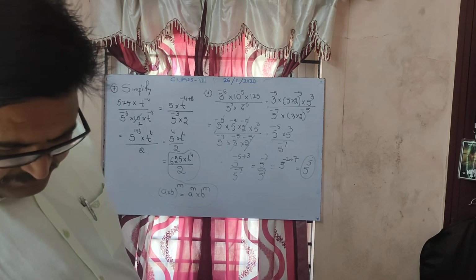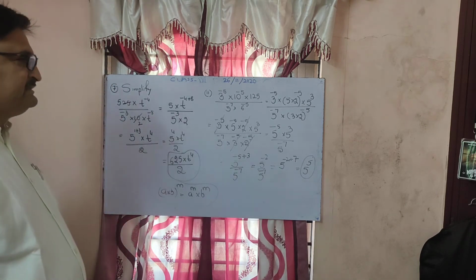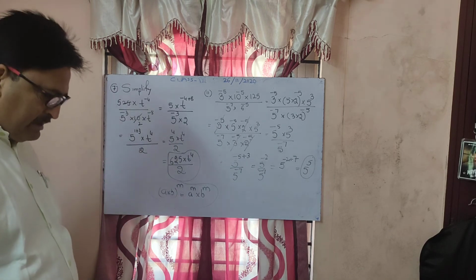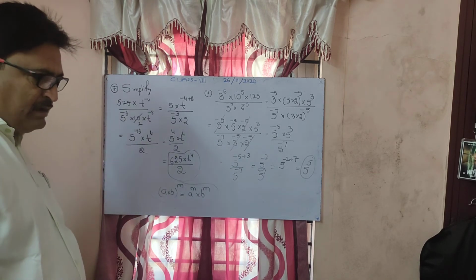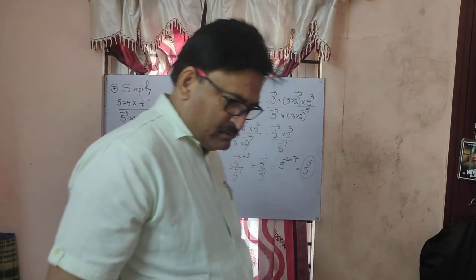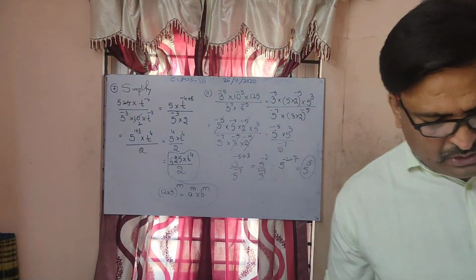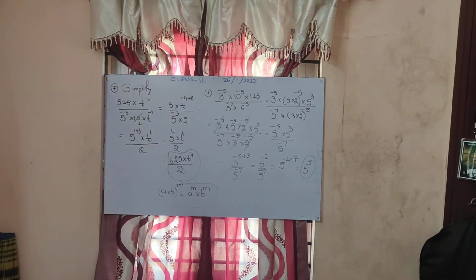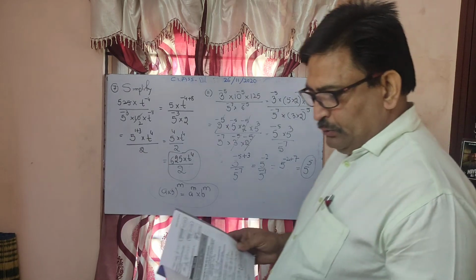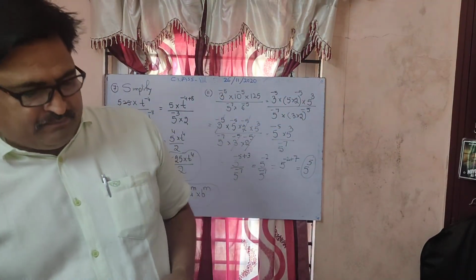Thus we have completed the first exercise of exponents and powers. Now we move to the next part of exponents and powers, that is use of exponents to express small numbers in standard form.